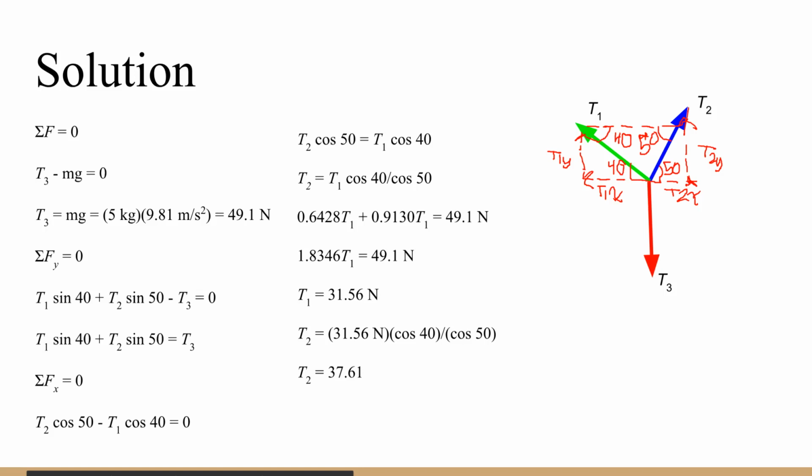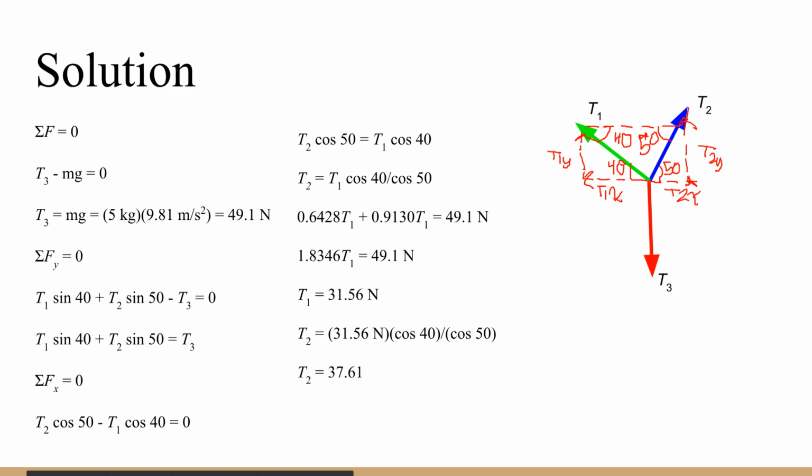So we have T1 sine of 40 plus T2 sine of 50 minus T3 equals 0. So that's T1y plus T2y minus T3 equals 0. They all must add up to 0. I just add T3 here. However, we can't really do anything with this.